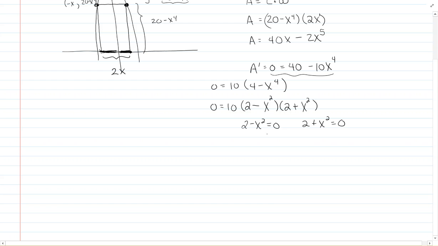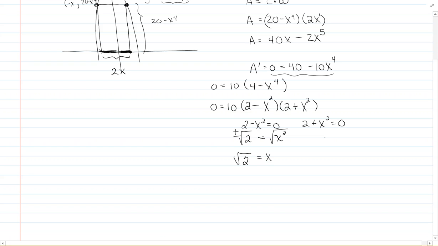Get the x squared by itself, so I'm going to add it to both sides here, and then hit it with a square root. Now, normally you put a plus or minus in when you hit it with a square root, but because x is a distance, we're only looking at the positive length.